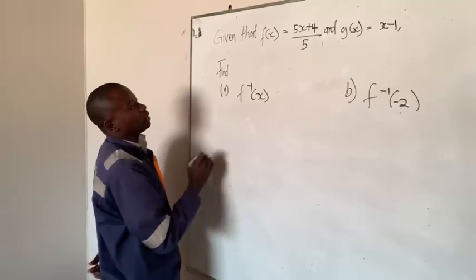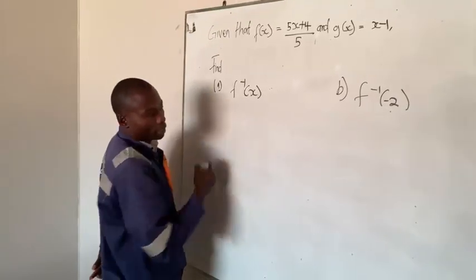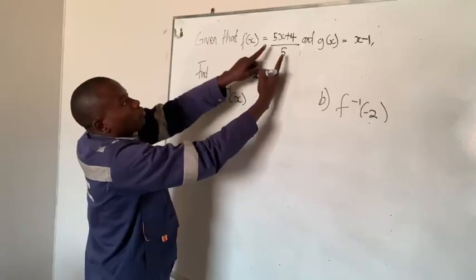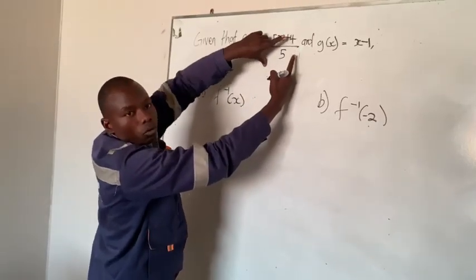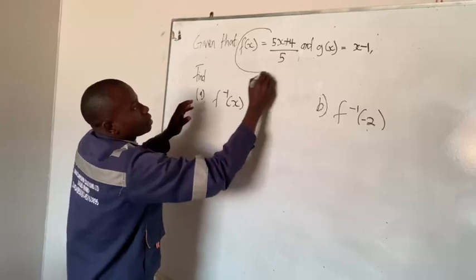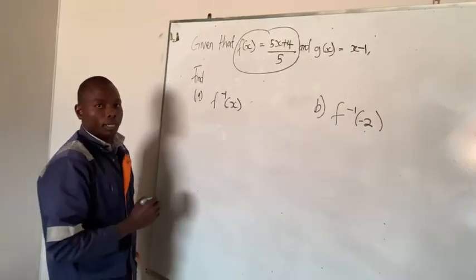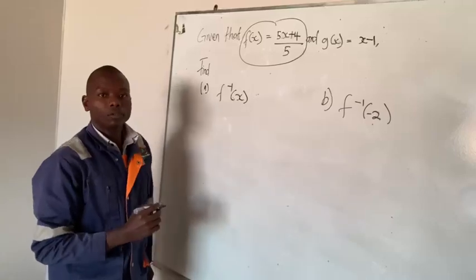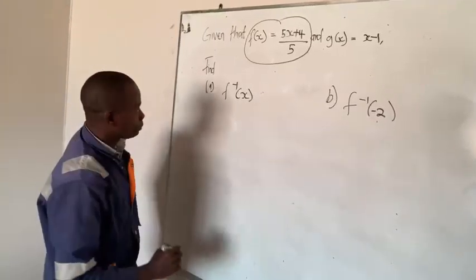I have this inverse of x. Remember, I am having f(x) equal to (5x plus 4) over 5, meaning that the whole of this is the f(x). But the question says that I have to find the inverse of x altogether.